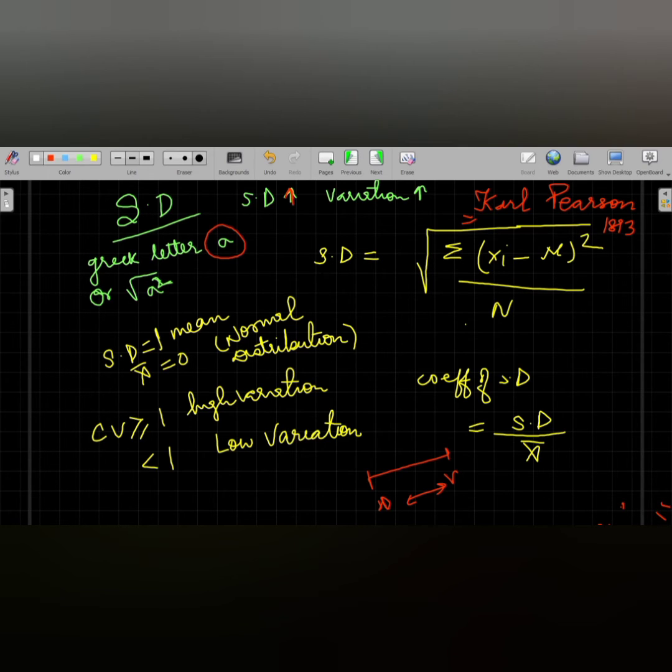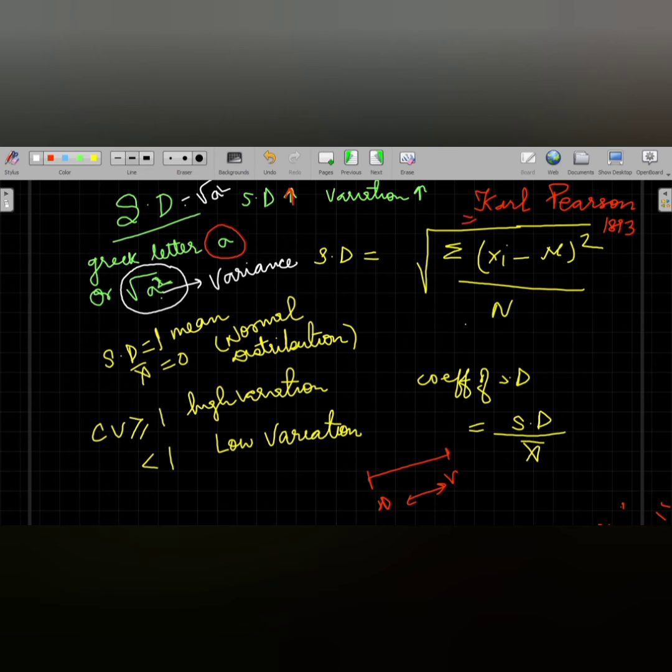Standard deviation is the square root of the variance; here sigma squared denotes variance.